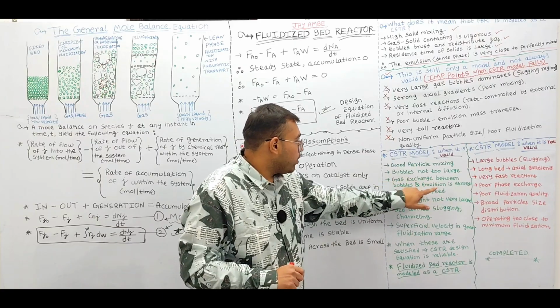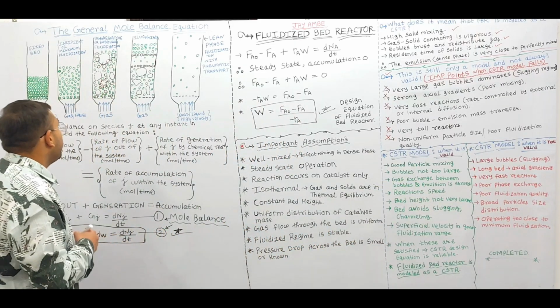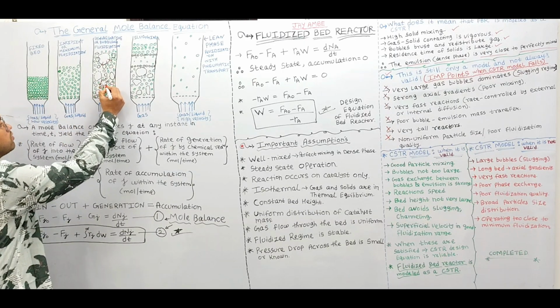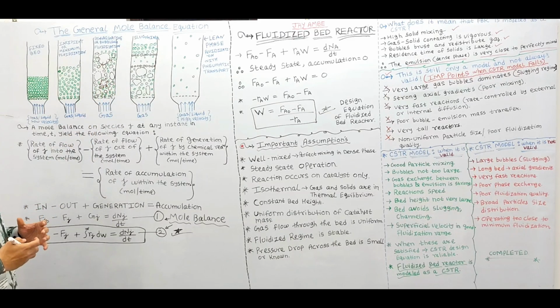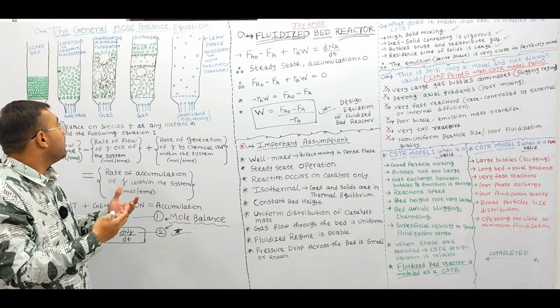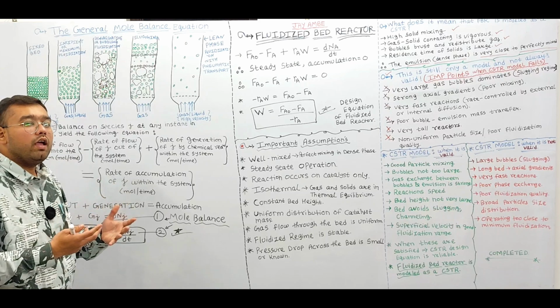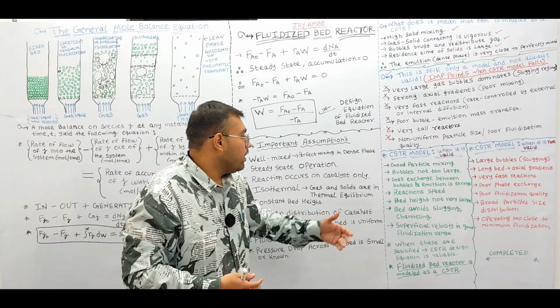The gas exchange between the bubbles and the emulsion is strong, right? Which means the gas present in the bubbles should diffuse or leak into the emulsion phase at a very high rate. When that is very high, then we'll have a good rate of reaction, right?